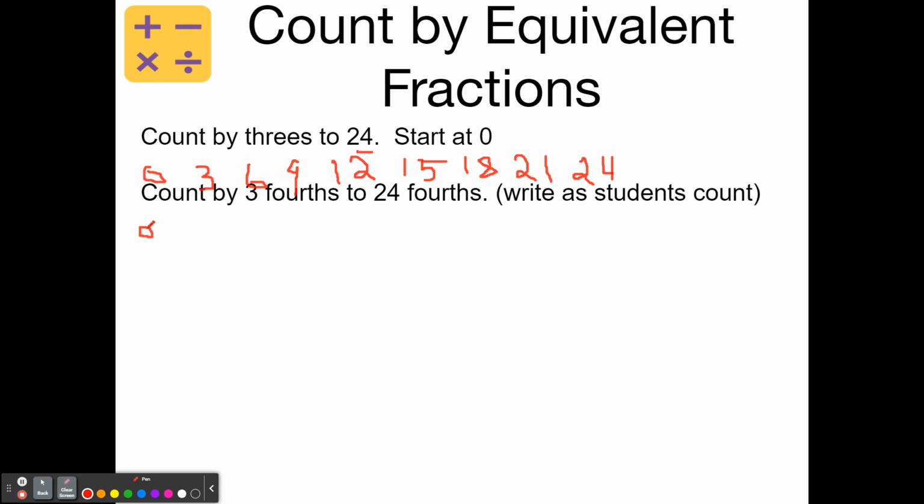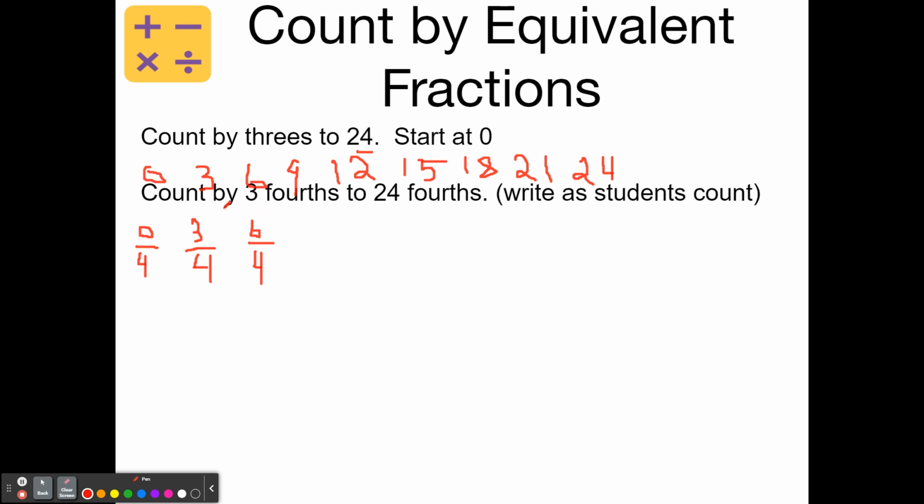So starting at 0/4. 0/4 plus 3/4 equals 3/4. 3/4 plus 3/4 equals 6/4. Remember, when you add fractions together, when we're just adding them or subtracting them, the denominator doesn't change, but the numerator does. So keep going.